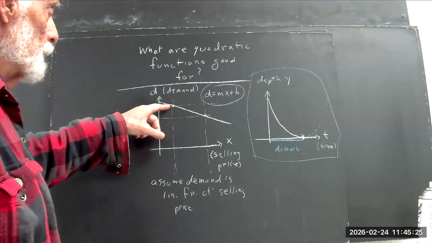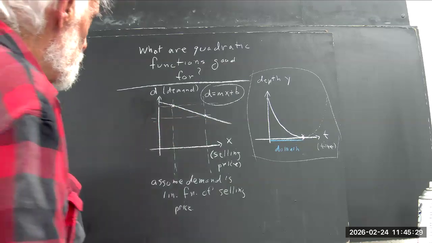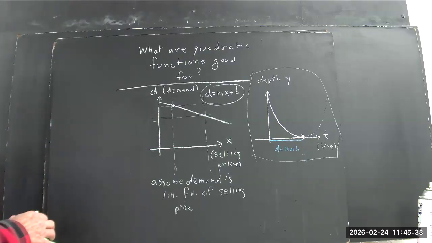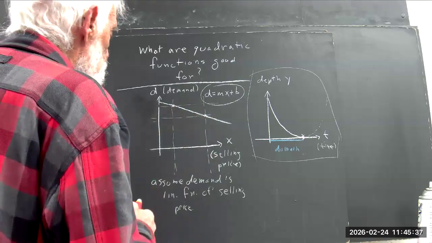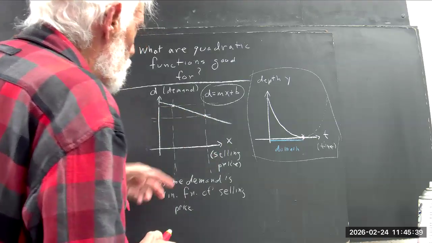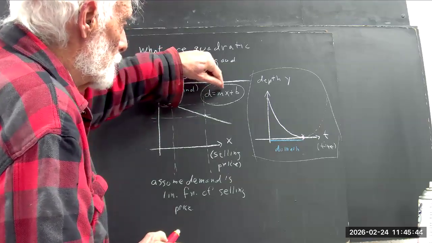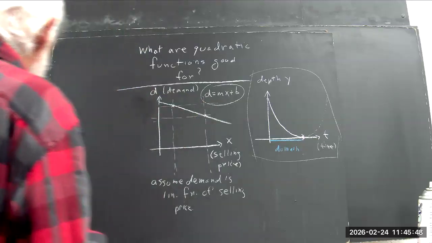Do you take in more money here, or do you take in more money here? So what we have to do with this demand function is determine, if you're going to sell this many, mx plus b, how much money you're going to get.